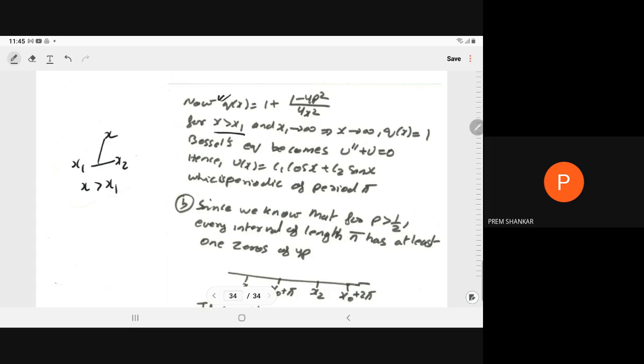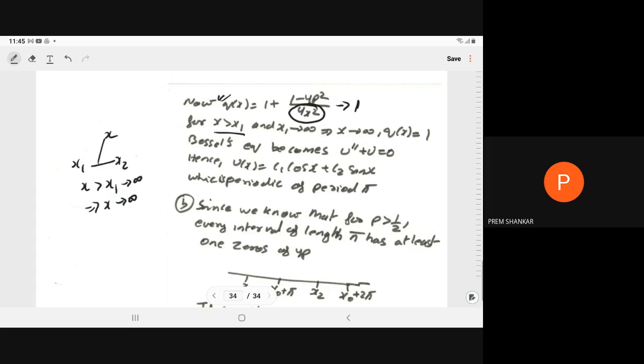For x greater than x1, as x1 tends to infinity, x tends to infinity. As x tends to infinity, Q(x) tends to 1. So as x1 tends to infinity, x tends to infinity, so Q(x) tends to 1.